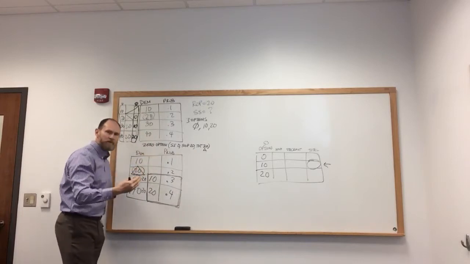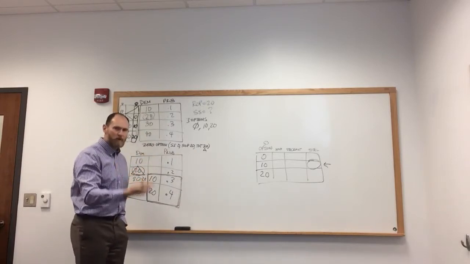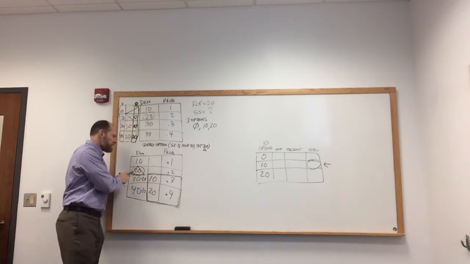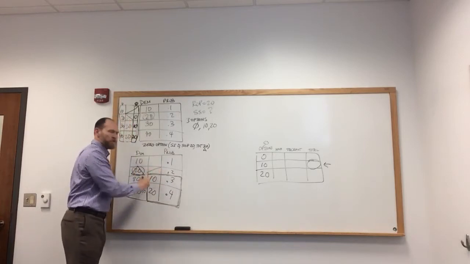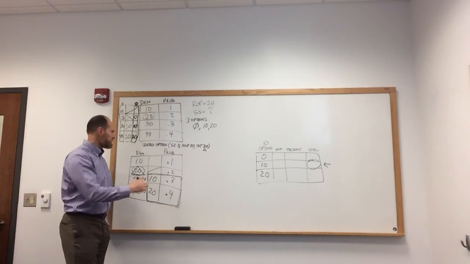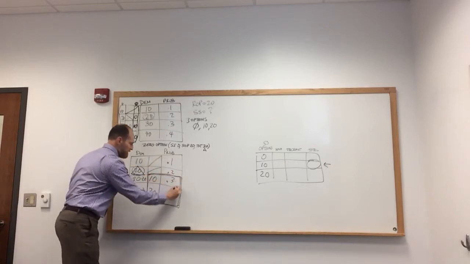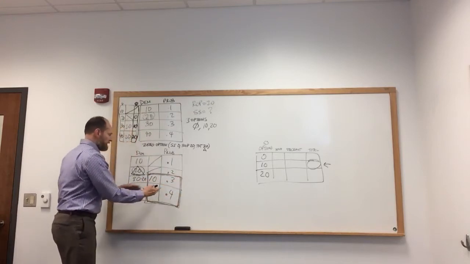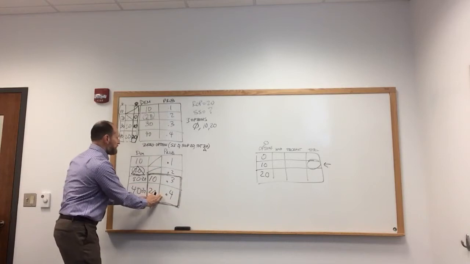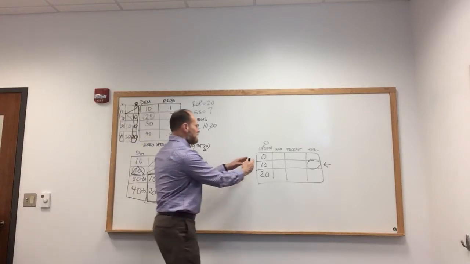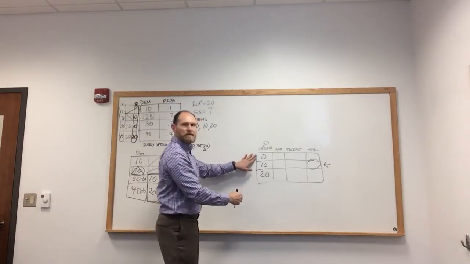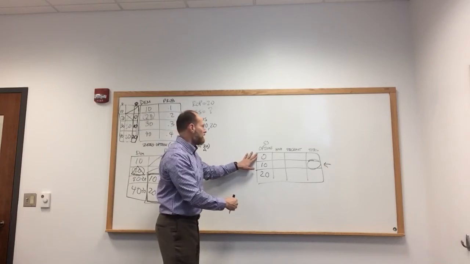Because if we have no safety stock on hand, with an ROP of 20 and demand is 20, we don't have a shortage. Nor do we have a shortage if demand is 10. So we don't need to worry about these top two. We need to worry about these bottom two.